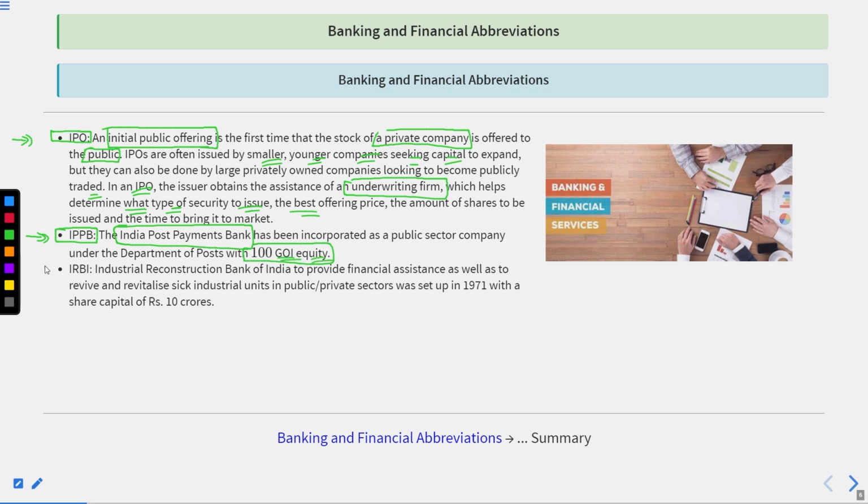Now we have the IRBI, the Industrial Reconstruction Bank of India. It is required to provide financial assistance as well as to revive sick industry units in public and private sectors. It was set up in 1971 with a share capital of rupees 10 crores. Got it?